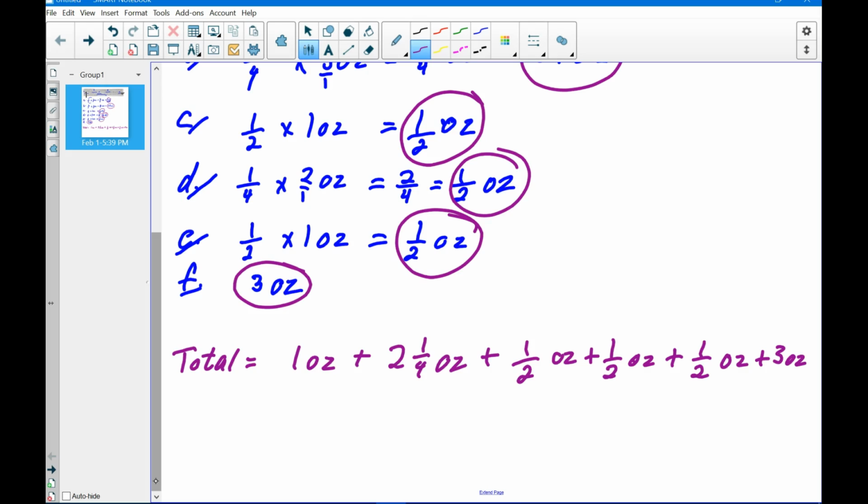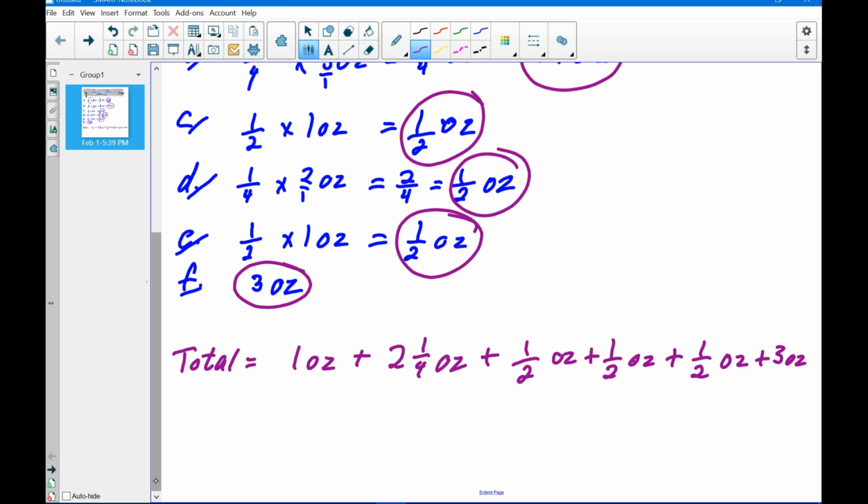There's a number of ways we can do this. I'm not sure which one will be the easiest way for you, but for me the easiest way would be something like this. Since it's all addition, it really doesn't matter the order in which we add them.